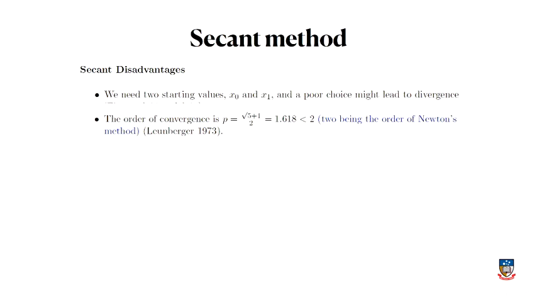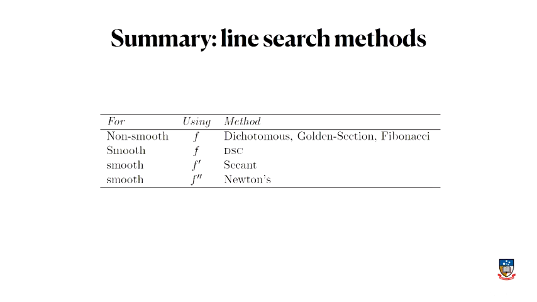Not as bad as the dichotomous search or the golden section direct search we talked about before, but slower than Newton's method. And if you're interested, you can go back to this paper from 1973 and look up the fascinating proof of that. So the secant method has some disadvantages, but it requires us to know less information about the function than what I did before.